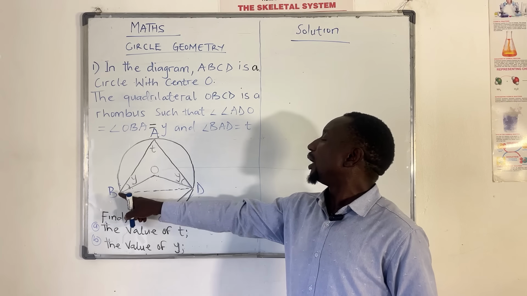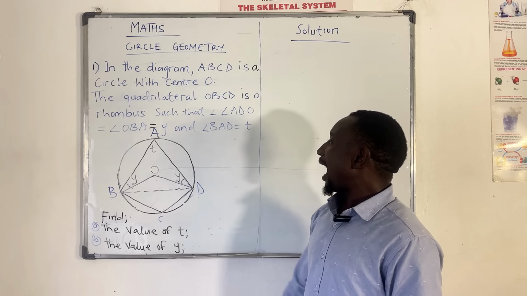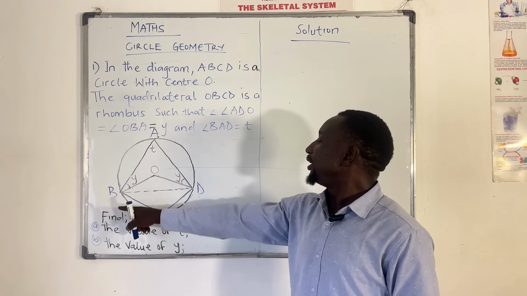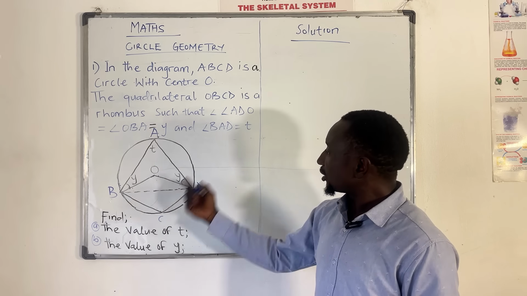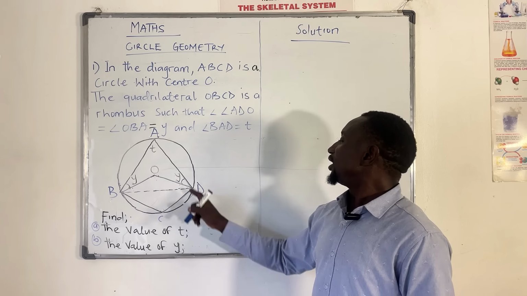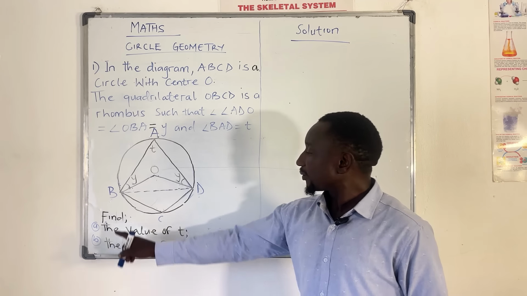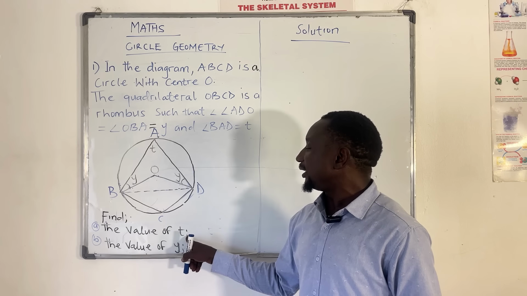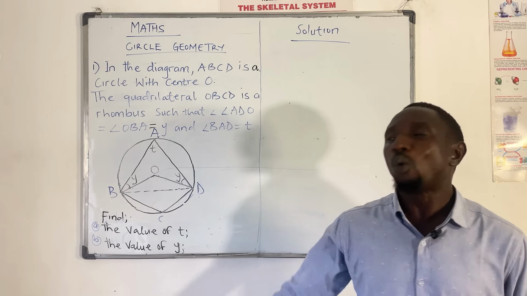So this is your angle BAD, which is equal to T, and angle ABO is equal to Y. Also, ADO is equal to Y. Now, the question says, find the value of T in A, then in B, the value of Y.